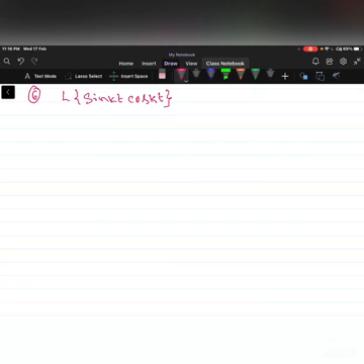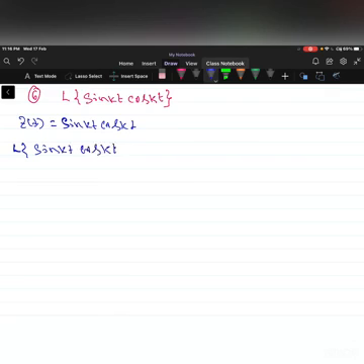Find the Laplace transformation of sin kt into cos kt. Let us take f of t is equal to sin kt into cos kt. So now Laplace transformation of f of t can be written as Laplace of sin kt into cos kt. So there is no Laplace transformation of sin kt into cos kt directly.